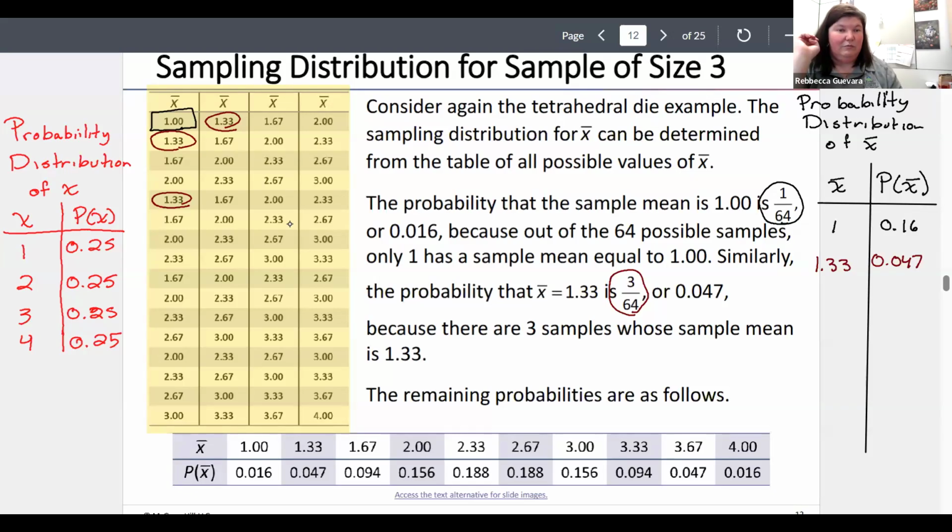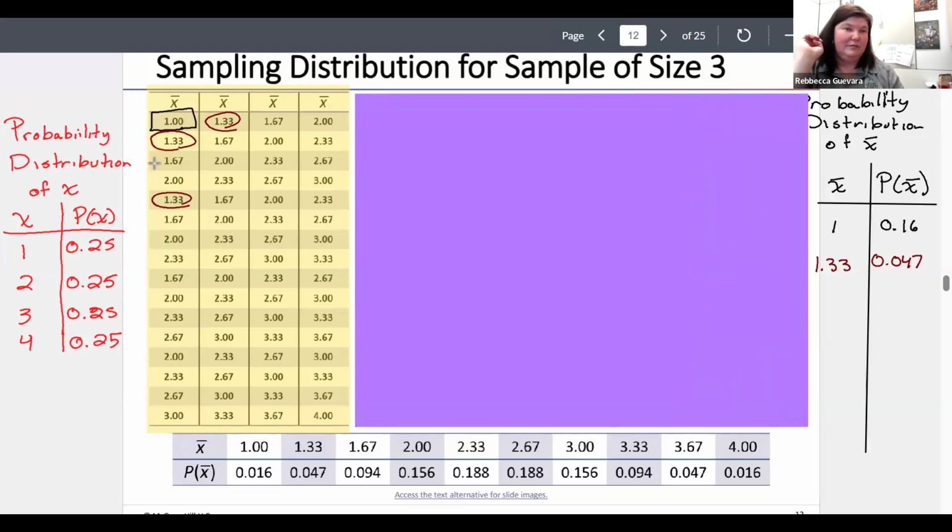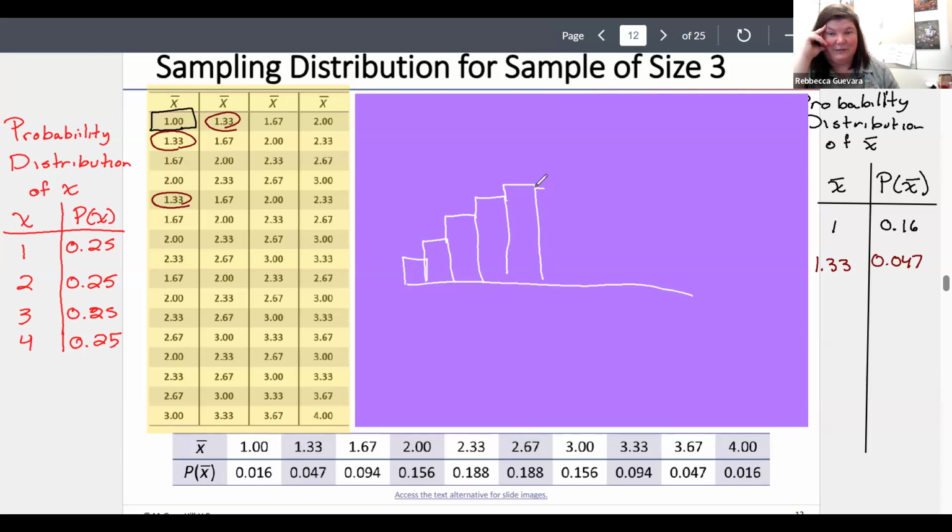So we got ourselves just a regular old distribution. We're seeing that we start here, and the probability of those means keeps increasing, and then eventually it starts to go back down.